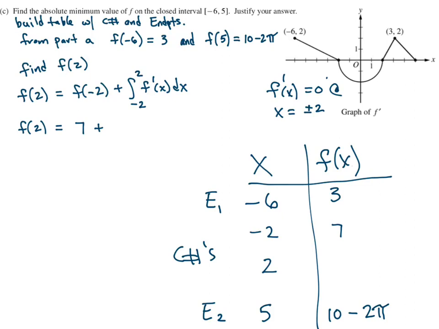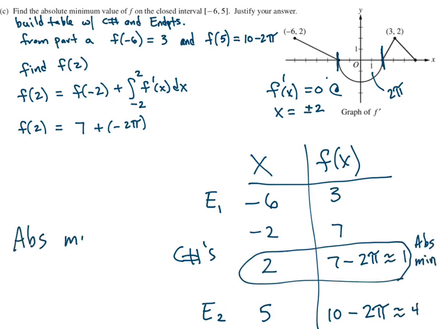A little bit of geometry, that would just be that semicircle of 2 pi again. Once again, it's negative because it's below the axis. And so that means 7 minus 2 pi is the value for 2. 7 minus 2 pi is about 1, since 10 minus 2 pi is about 4, ballpark. And so the absolute minimum on this one happens at 2. So f of 2 equals 7 minus 2 pi.